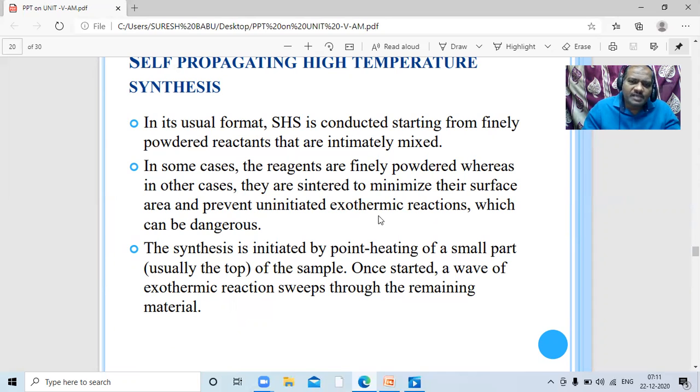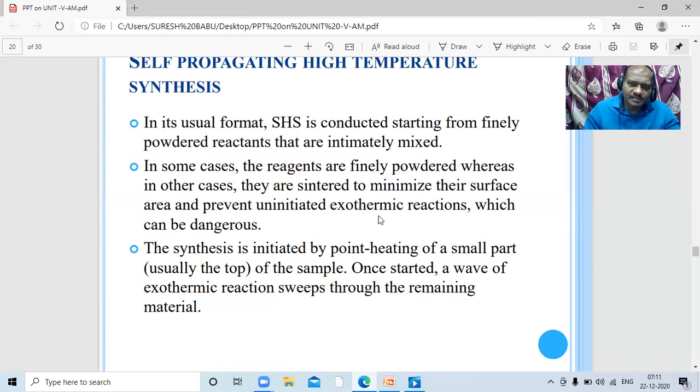We know that endothermic reactions will be there, and exothermic reactions will be there.